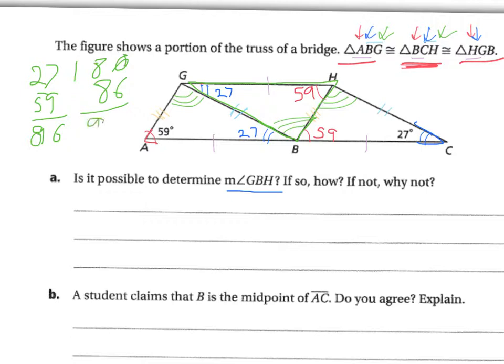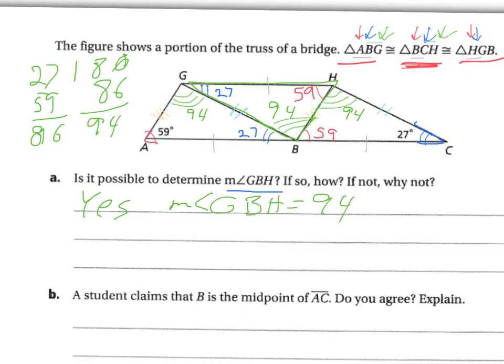And I get 94 degrees. That means that GBH is 94 degrees. This angle is 94 degrees, and this. So now I know all the angles. Is it possible? Yes. The measure of angle GBH is 94 degrees.